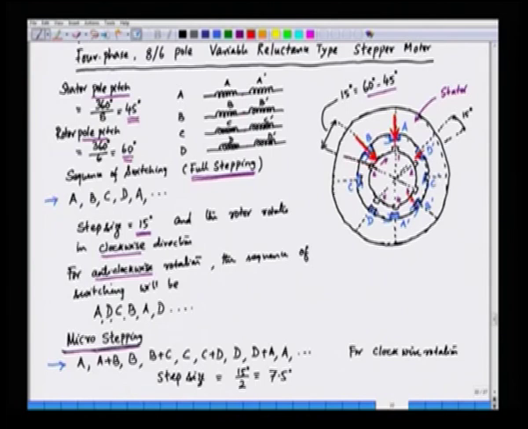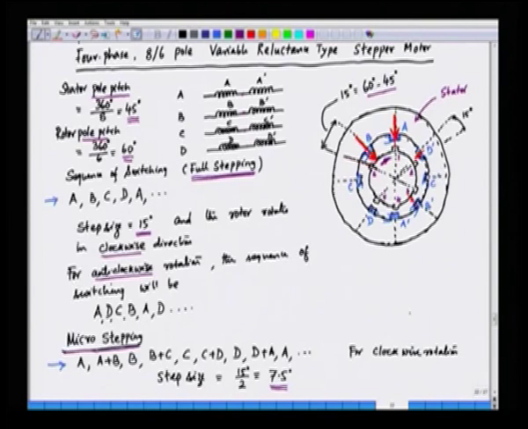This is called microstepping. In microstepping, the step size is 7.5 degrees and the direction is the same, clockwise, because phase A and phase B are excited at the same time. It will still move in the clockwise direction, but the movement will not be by a full step of 15 degrees; the movement will in fact be by 15 by 2, that is 7.5 degrees.